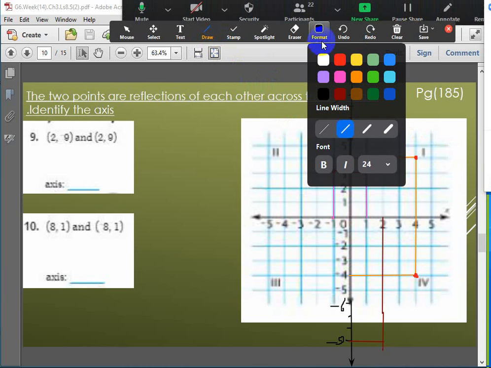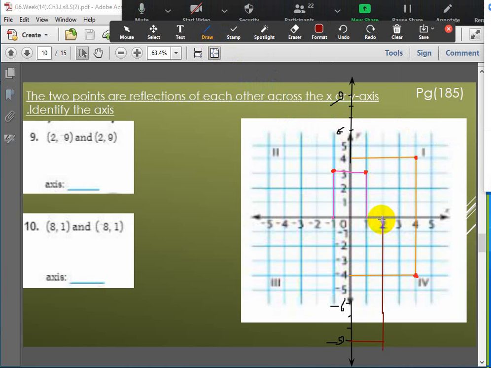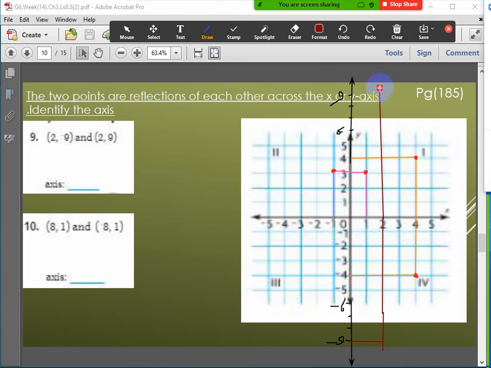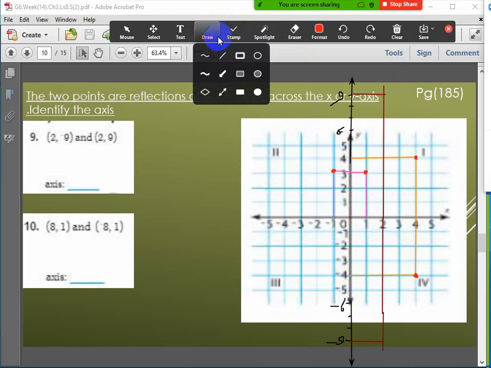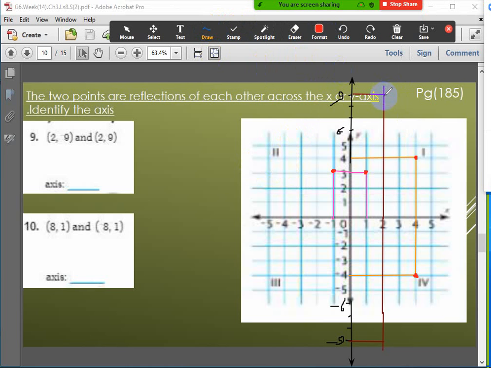What is the line of symmetry here? X or Y? Look, those 2 points. This is the first point, and this is the second point. What is the line of symmetry?